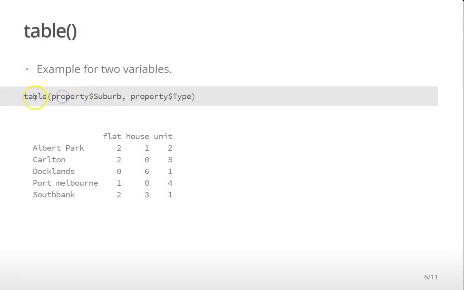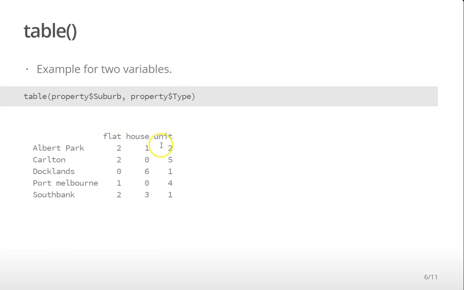I'm saying create a table from the property dataset, and the first variable is suburb. You see the result. The suburbs are listed here. And again, from the property dataset, I need the type variable as the second input to my table. You see the content of the variable type, flat, house, and unit, are listed here.